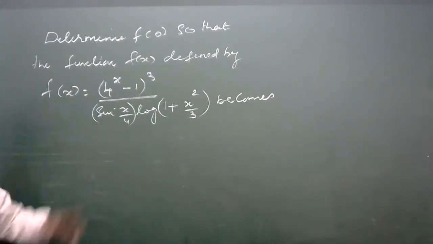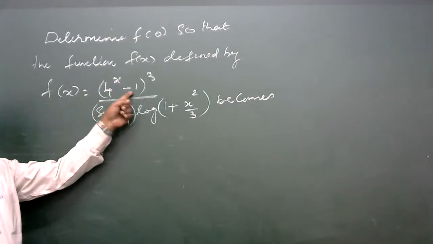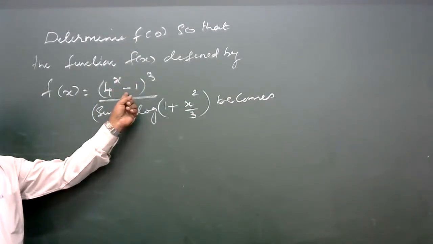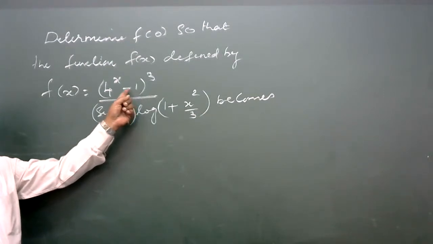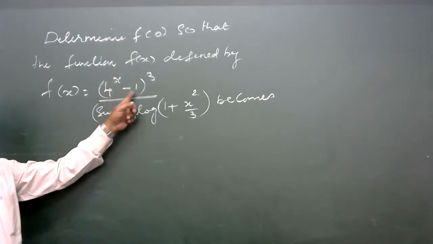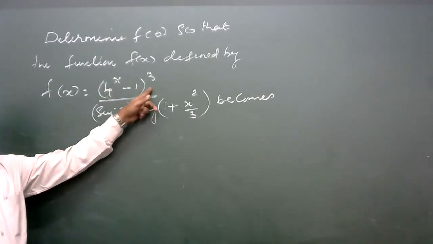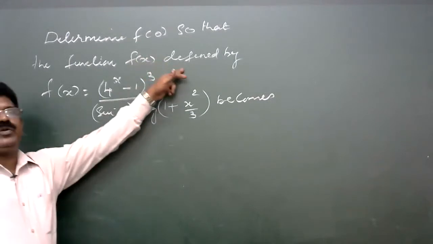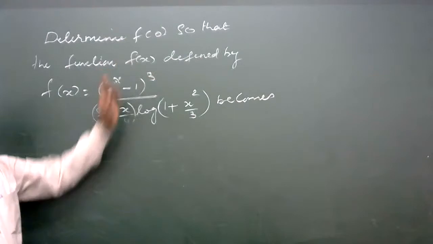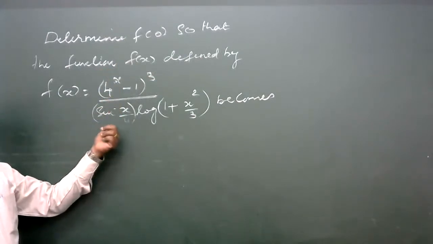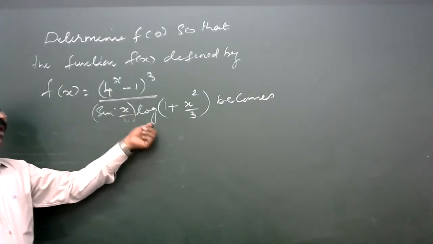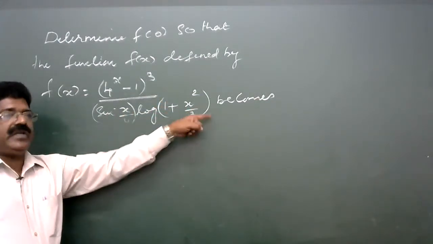You see, numerator (4 to the power x minus 1) whole to the power 3 is itself a product of three functions, that means same functions: (4 to the power x minus 1) into (4 to the power x minus 1) again into (4 to the power x minus 1). Next, the denominator sine x by 4 into log of 1 plus x squared upon 3.